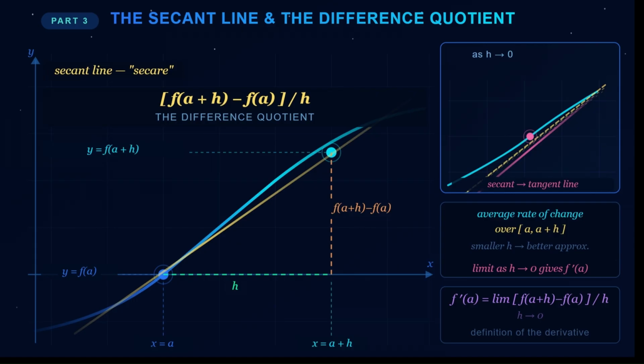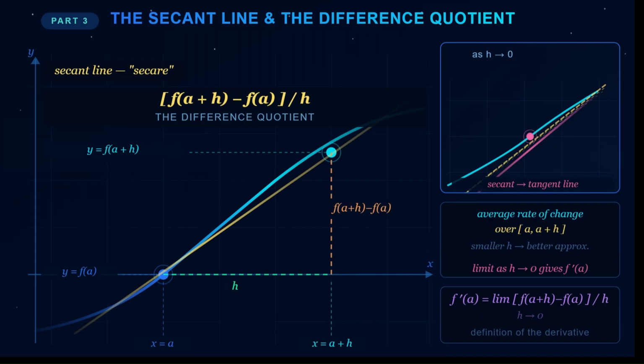This line is called a secant line, from the Latin secere, meaning to cut. The slope of this secant line is the change in the output divided by the change in the input. That gives us the expression f of the quantity a plus h minus f of a, all divided by h.